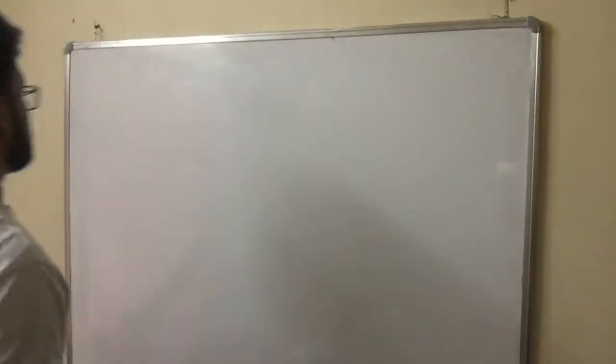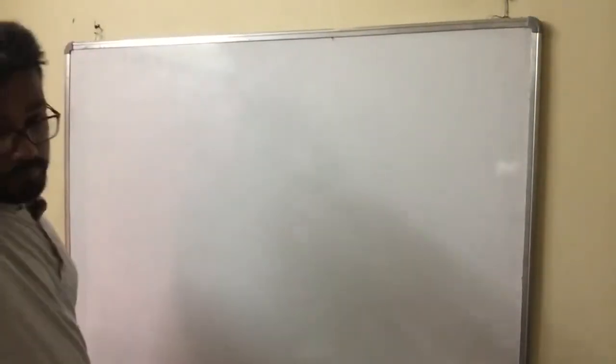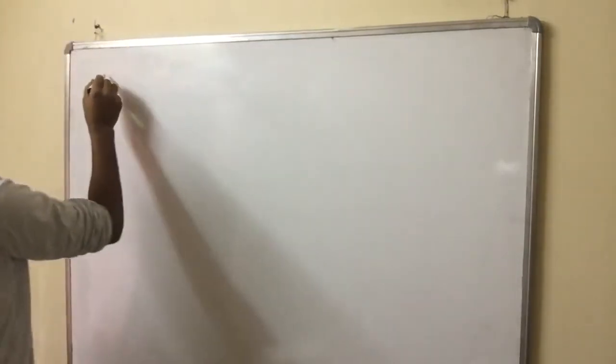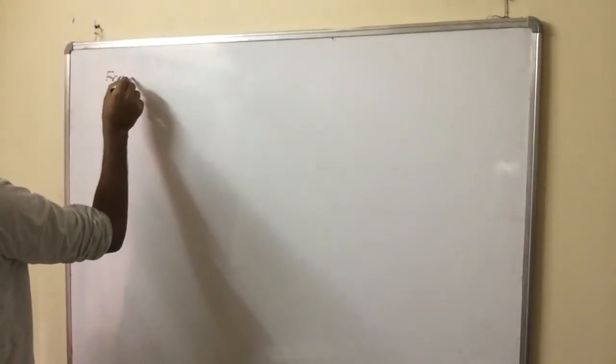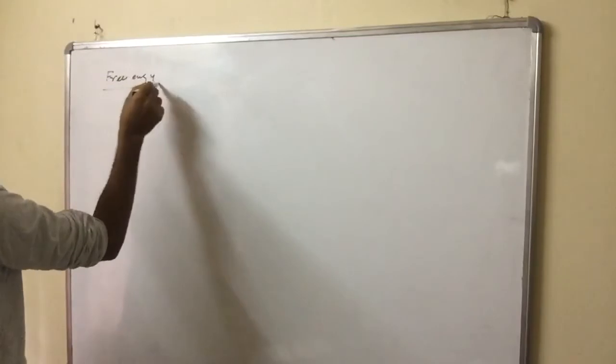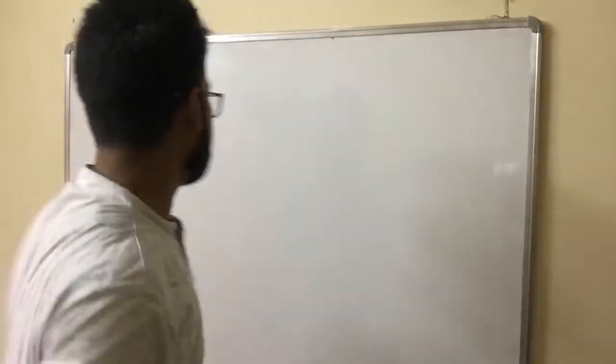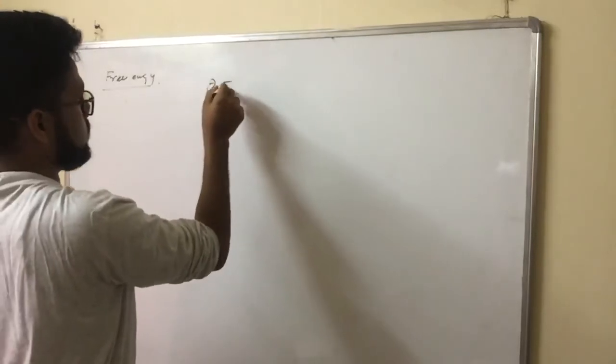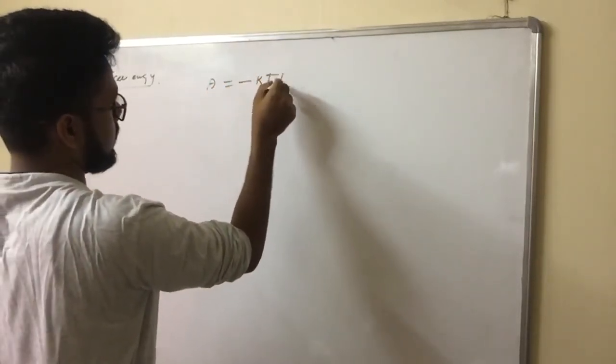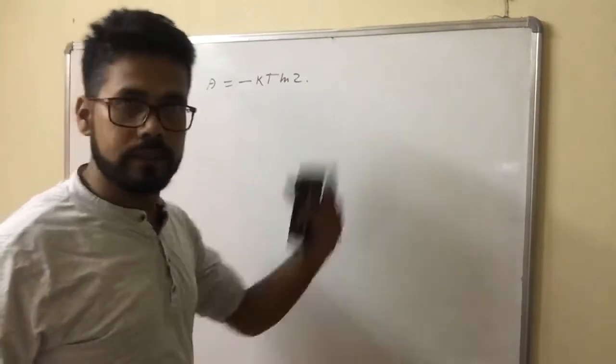So next I am going to calculate the free energy formula. When you encounter free energy, what is the formula? Free energy A equals minus kT ln Z. This is the formula I have already derived.